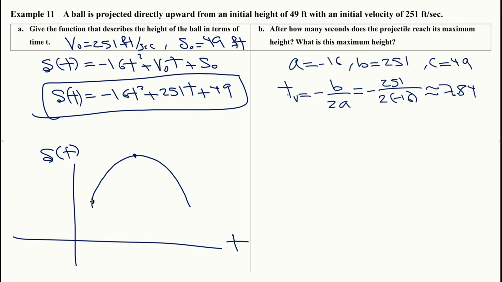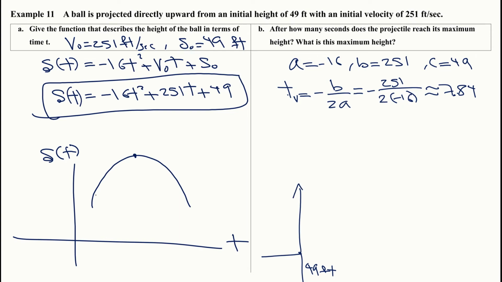Of course, remember, one thing that sometimes students are confused about, they think this is describing the path of the projectile. No, this is describing the height of the projectile. The path of the projectile is simple. You're throwing something straight up from a height of 49 feet, and you're going to push it directly up. So this projectile is going to go straight up.